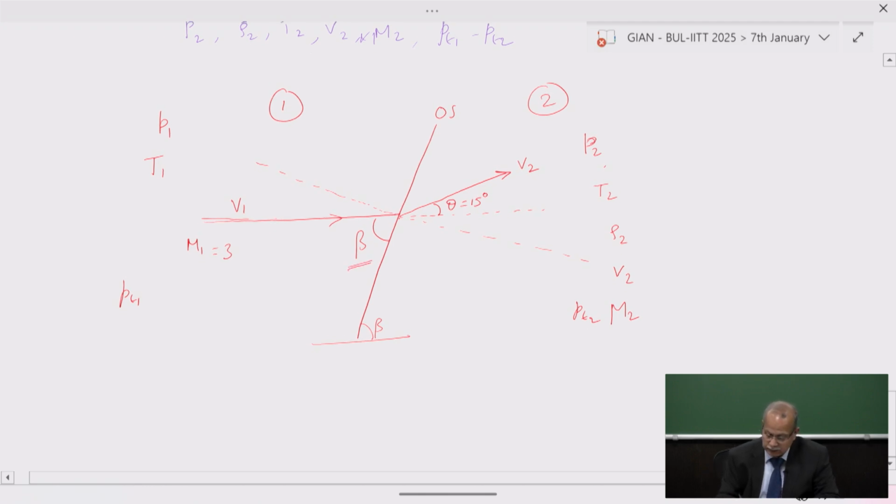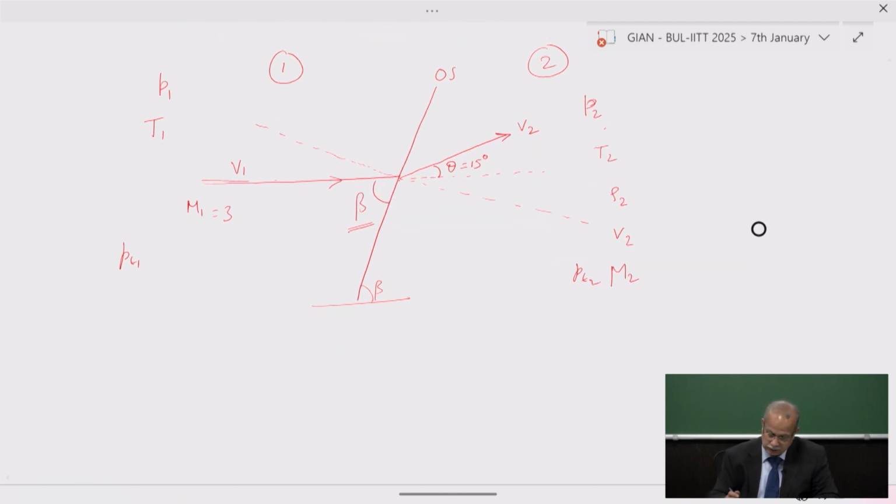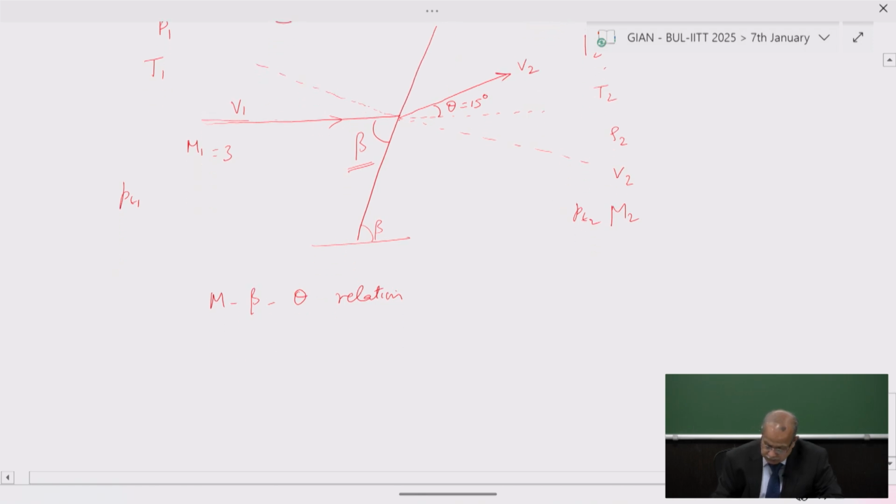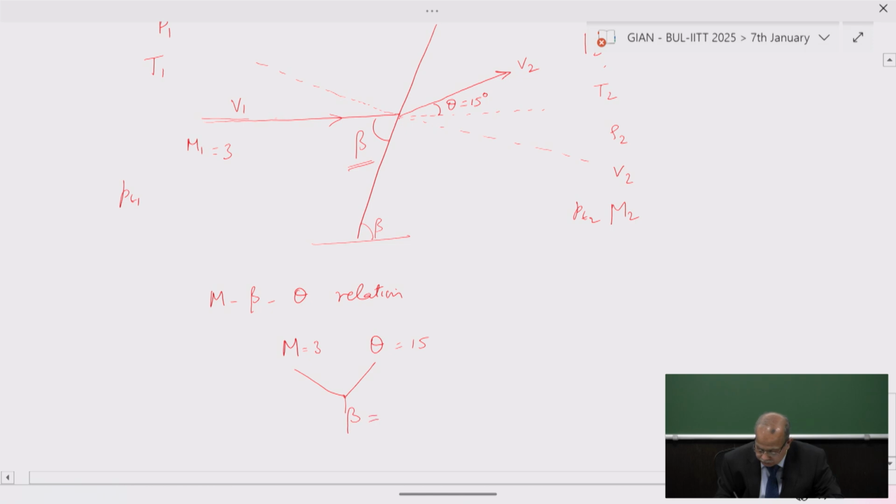We don't know the angle beta, but we know from the theory we have learned, the M-beta-theta relation, that if M is known and if theta is known, M is 3, theta equal to 15, we can find beta.